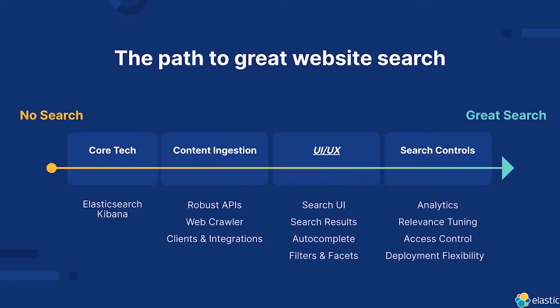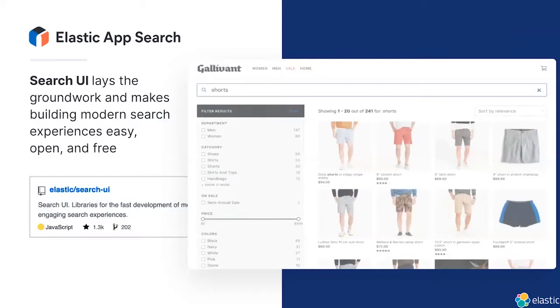Whether you want certain fields or do not want certain fields, all that can be defined by tuning your search results. Similarly, autocomplete is a part of the UI UX experience that your users would be seeing. We also need to make sure that the filters and facets are correctly defined.